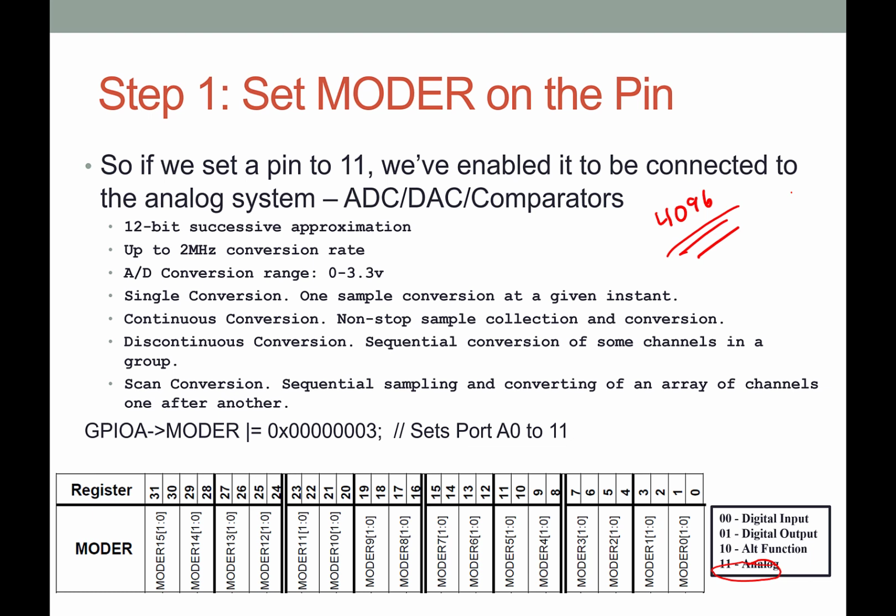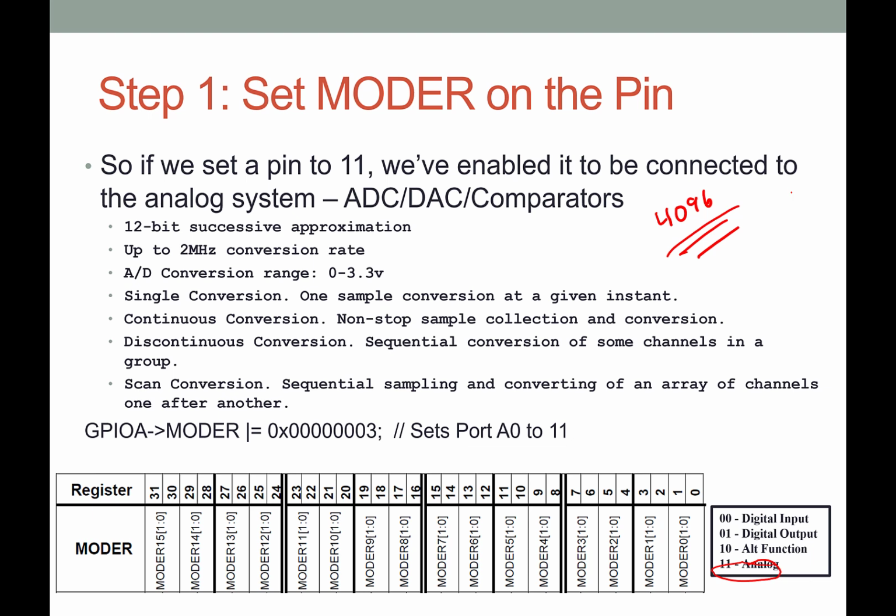We have up to a 2 megahertz conversion rate for the way we set up the clocks. The conversion range, the way it's set up, is going to be 0 to 3.3, which is a sort of standard. It's not TTL 0 to 5, but it's a second standard below that. Okay, we can do a single conversion, one conversion in a single instance. We can do continuous conversions on a single channel so that it does that conversion over and over.